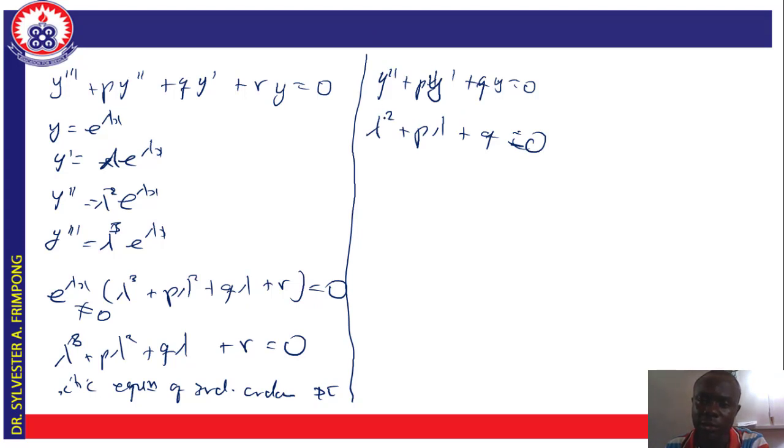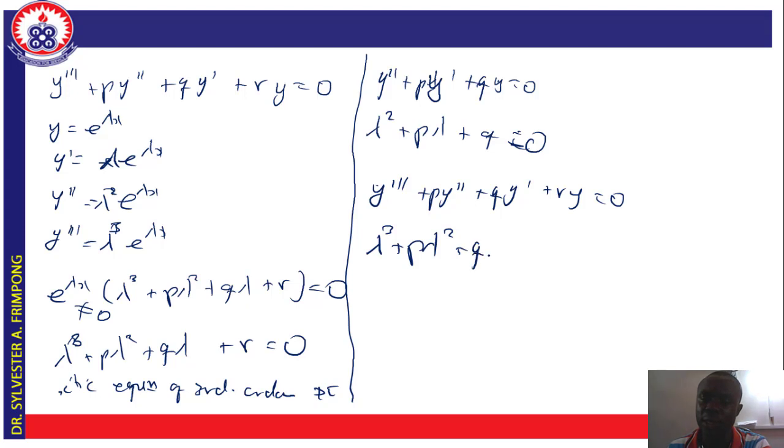So second order, second degree, first order, first degree, zero order, zero degree. Similarly for the third order, y triple prime plus p y double prime plus q y prime plus r y equal to 0, the characteristic equation is lambda cubed plus p lambda squared plus q lambda plus r equal to 0. So this is the characteristic equation for this, and it continues like that. For the fourth order, we get lambda to the power 4 and so on and so forth.